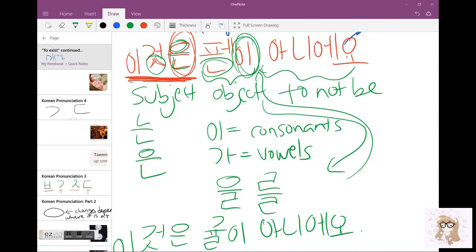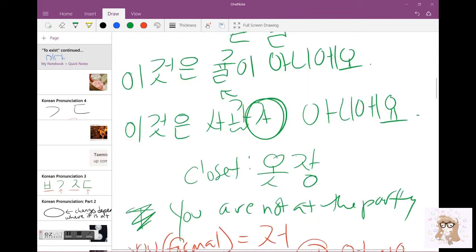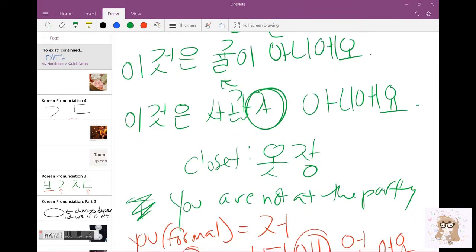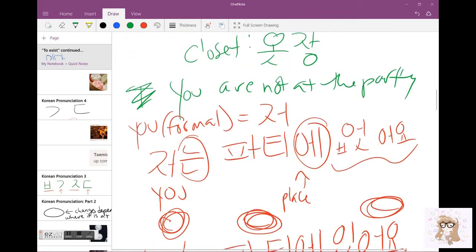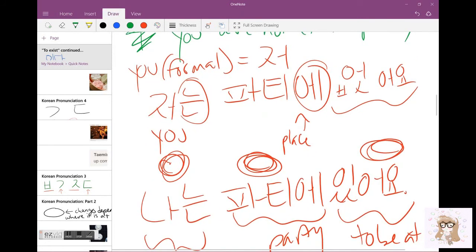And i is for consonants, ga is for vowels, un is for consonants, rul is for vowels, nun is for vowels, and un is for consonants. Then I was talking about ga and i, and I gave examples.